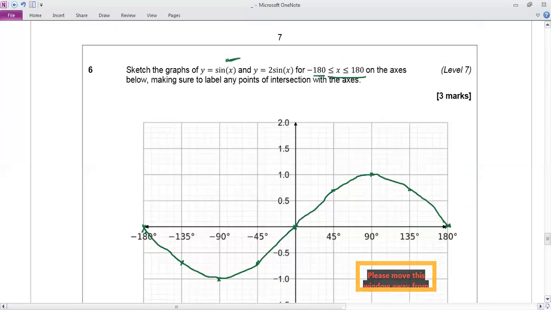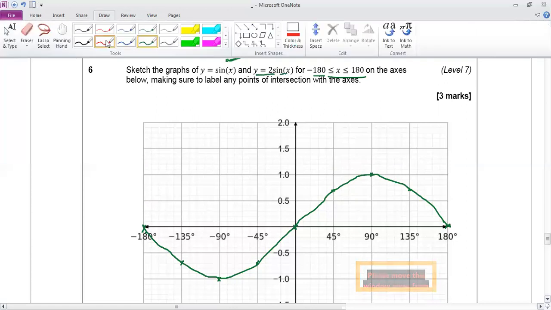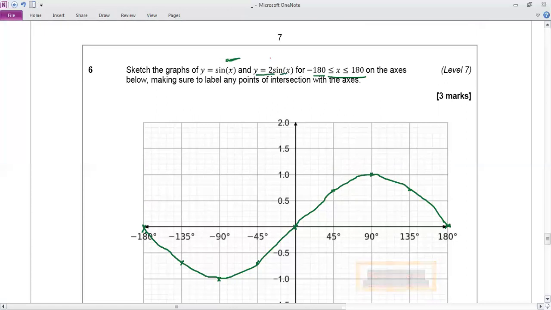Now for this one, I will use the red pen. If you remember, if a number is multiplying outside, it will just change the y value. So very simple, the y value will get double. Just like at 0, it will remain 0.